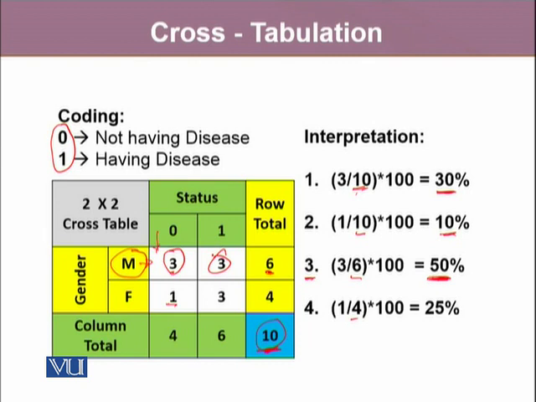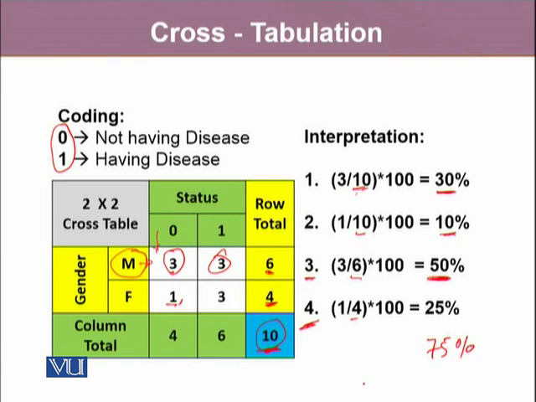And the same way it goes for the fourth one. When we divide 1 by 4, it means there are 25% females who do not have a disease, and we can also say that among the females, 75% do have the disease.